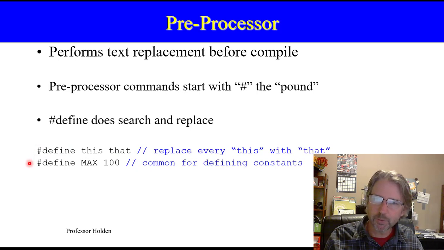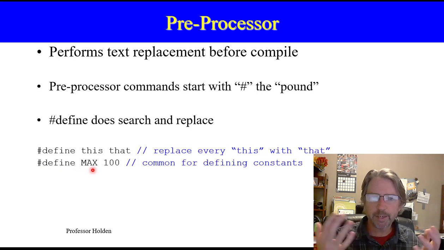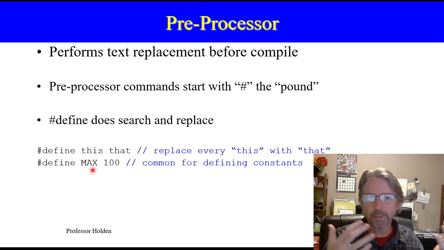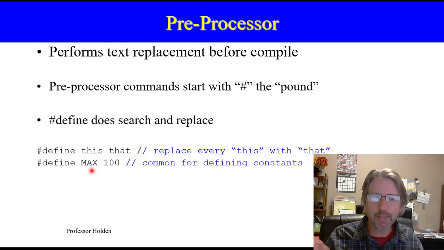Where this is useful is something like this, where maybe we want to set arrays, how much storage we need, or what voltages are important, or something like that in our system, and maybe that changes the next time we use it. So at the top of our program, we can say pound define max 100, and everywhere we use max, it's going to search and replace 100.